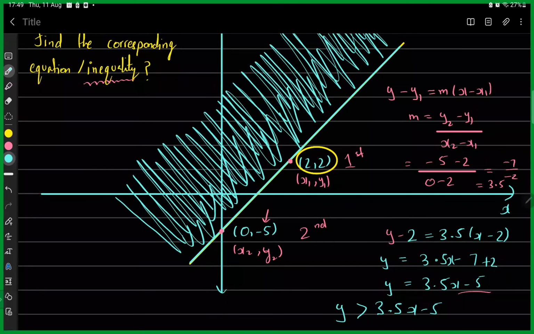It would be greater than equal to. Why? Because you need to look at your line. Your line is basically a solid line. This line is not dotted. The blue line is solid. So this means that it would be y is greater than equal to 3.5x minus 5, right?